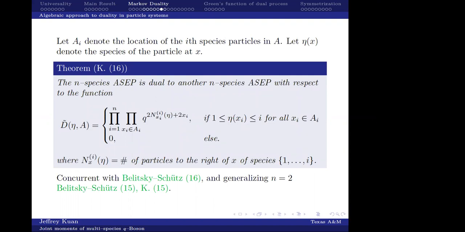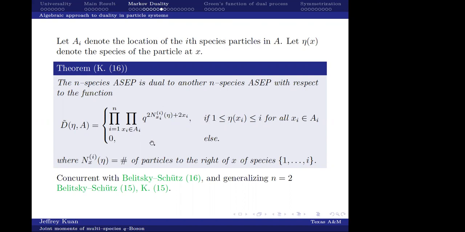At least for me, a natural thing, if you see that, is to say, oh, let's replace SL2 by SLN. So if you do that, you get an n species ASEP I talked about before. So this is a product of Schutz duality functions, one for each species. And its indicator is, for each ith species particle in the dual process, the particle at that site in the process eta has to be between 1 and i.